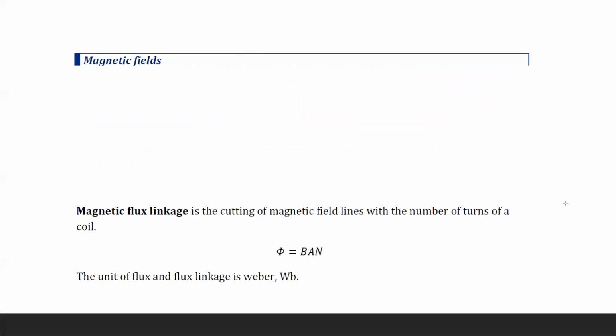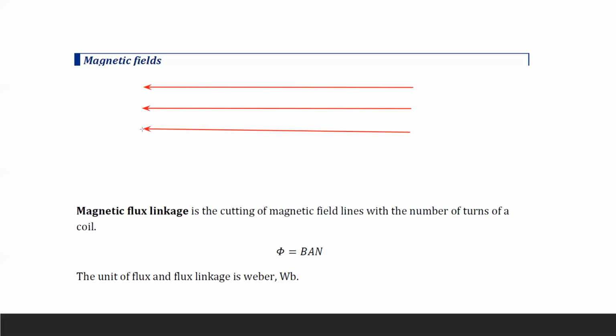linkage. So say this was a magnetic field, and instead of having a wire with a specific area, you have n turns, like loops.